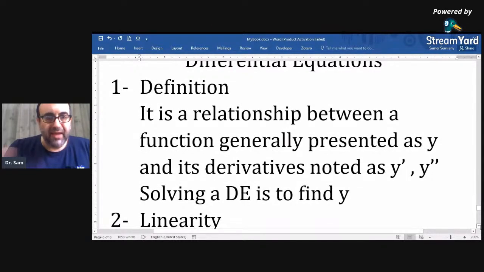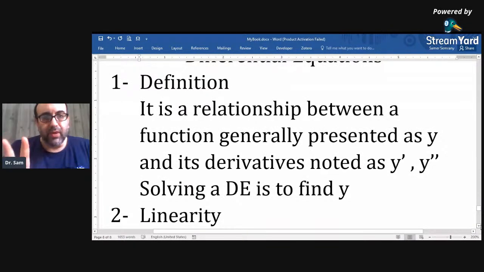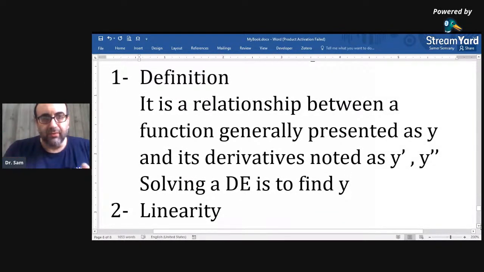So there are many types of differential equations, but the easiest to solve, and possibly the only ones that are solved because others are very difficult to solve, are the linear ones.